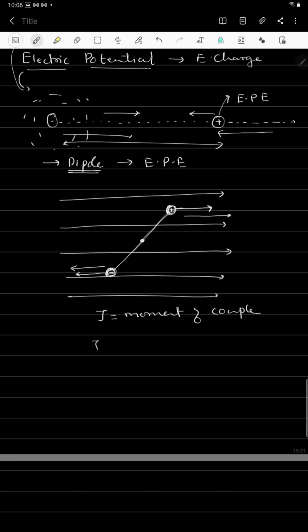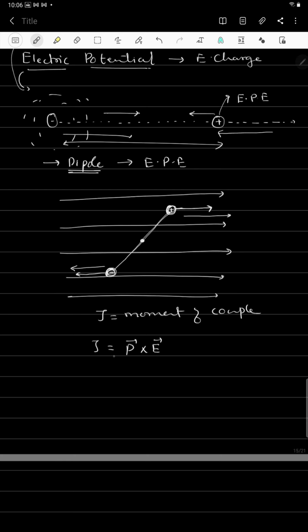That torque is written as the cross product of the dipole moment and the electric field.